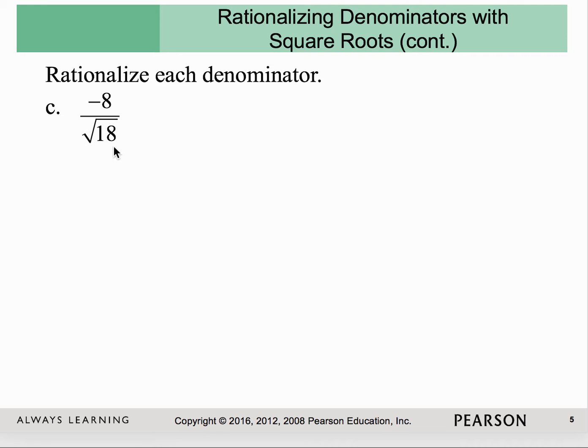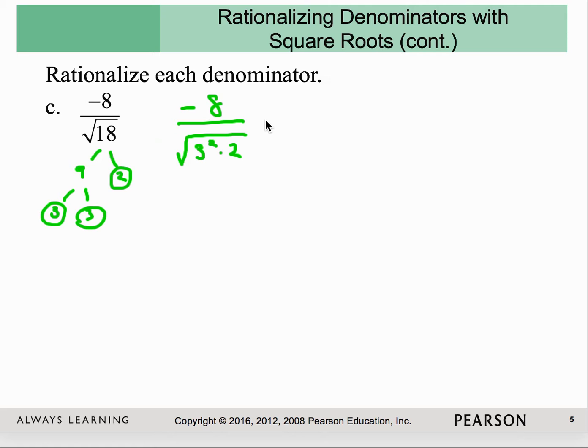Now, I want to pay attention always to my radicals. Let's simplify this thing first, right? This is 9 times 2. So it's 3 times 3 times 2. So really I can write this as -8 over the square root of 3 squared times 2.